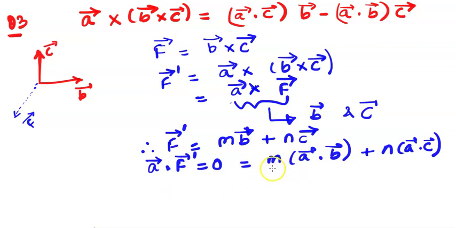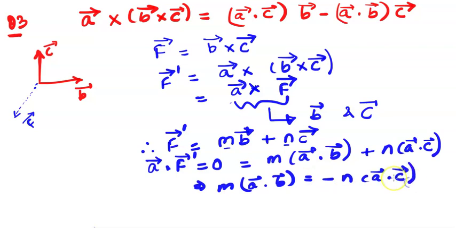Because we need to find the value of M and N. So this implies M A dot B is equal to minus N A dot C, right? So what does that mean?